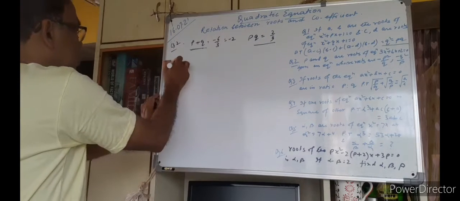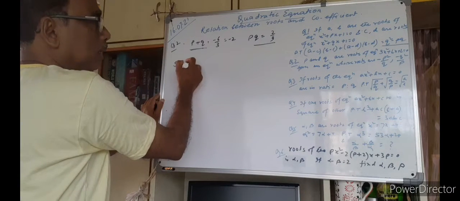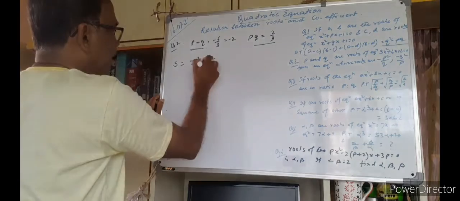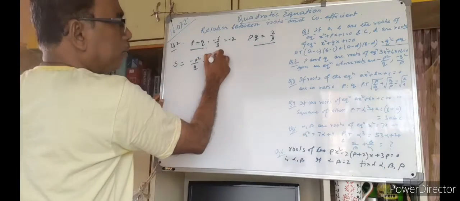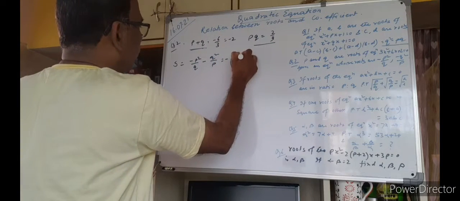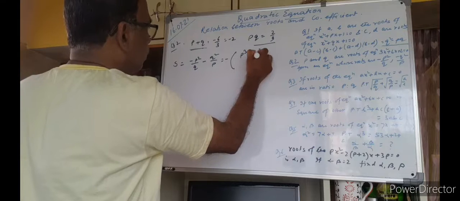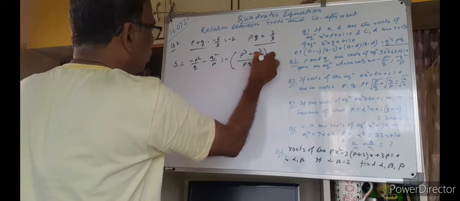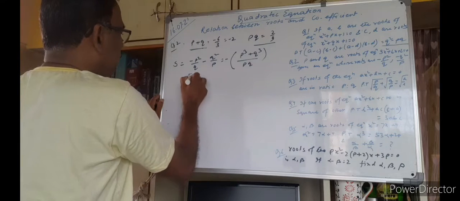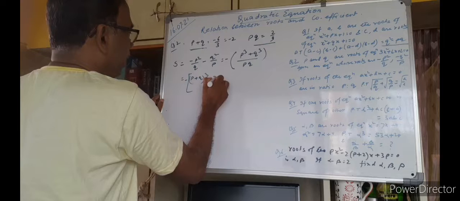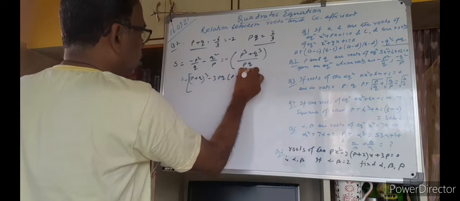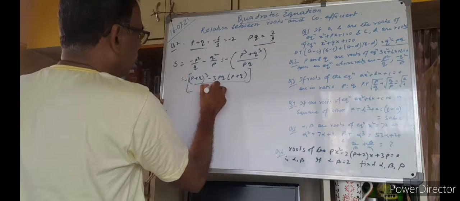Now the sum of the roots, S, equals minus p squared by q plus minus q squared by p. Taking minus common, that is p cubed plus q cubed over pq, which is minus, p plus q whole cube minus 3pq into p plus q, over pq.